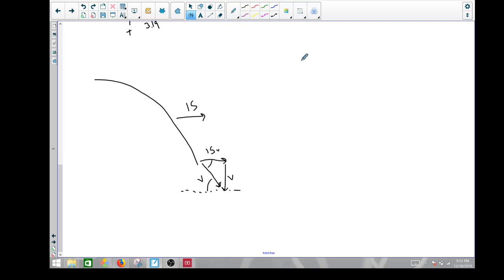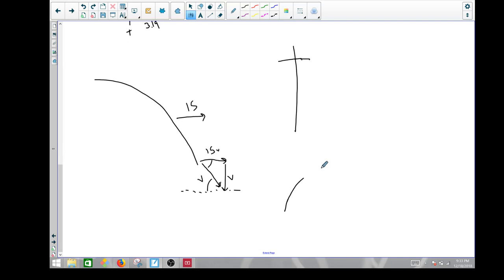All right, so now this is the y component. There's a couple of ways that you can think of this. Let's draw a picture of this over here.